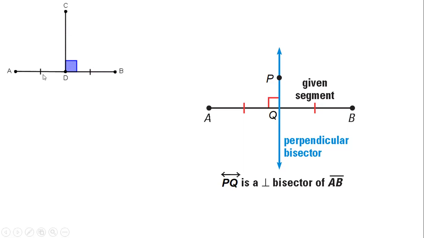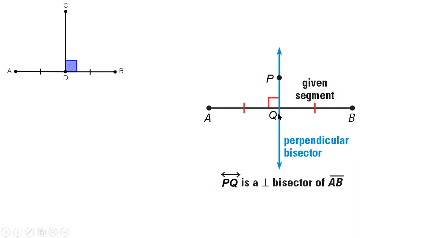Again, these marks are very important. They tell me that D is the midpoint of segment AB since AD is equal to DB. Because we have drawn a perpendicular to segment AB passing through the midpoint, then it will be a perpendicular bisector of segment AB.